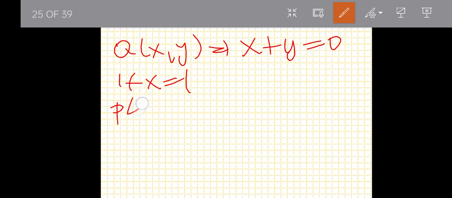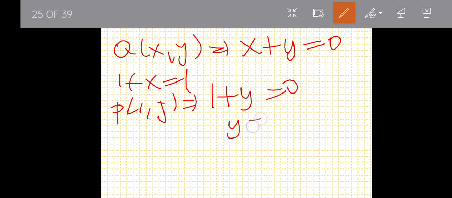So, 1 plus y is equal to 0, and y is equal to negative 1. Okay, yan daw yung value ng y natin kapag our x is 1. So, plugging that in sa ating function, q of x, y, ang x is 1, and our y na solve is negative 1.